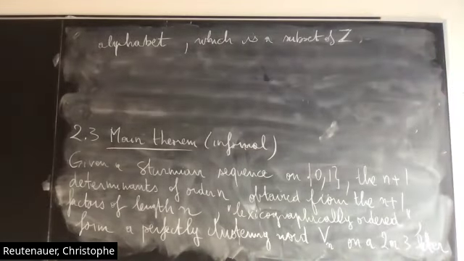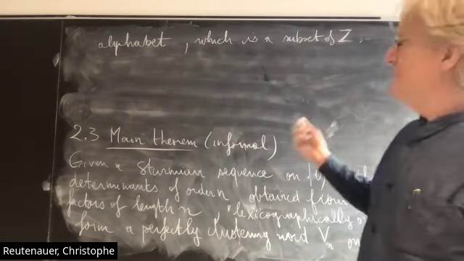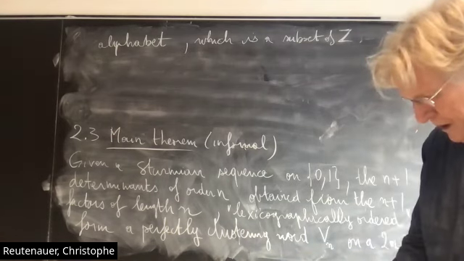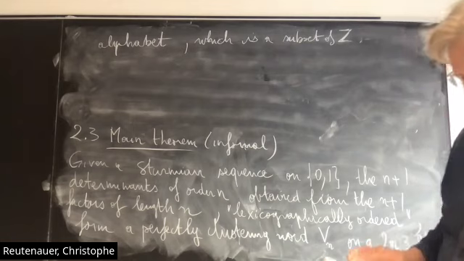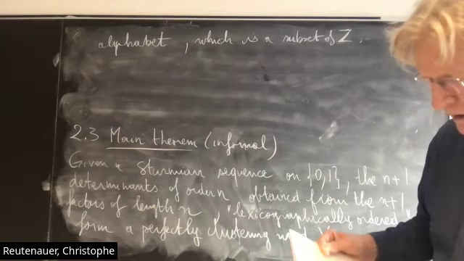So the alphabet is always a subset of Z, which has cardinality 2 or 3. And we can say when it's 2 and when it's 3.